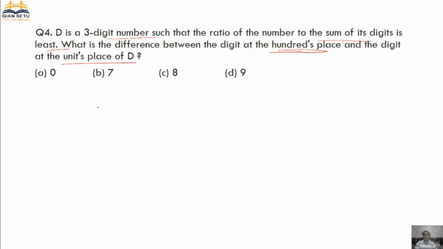Now suppose ABC is the given 3-digit number. We are given that the ratio of ABC to the sum of its digits is minimum. Now we need to find the difference between A and C.